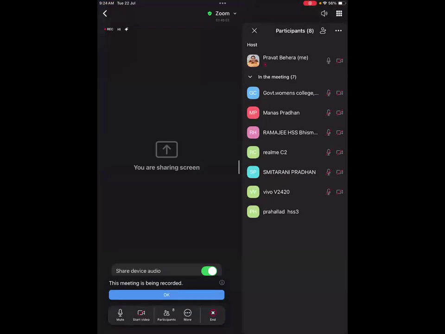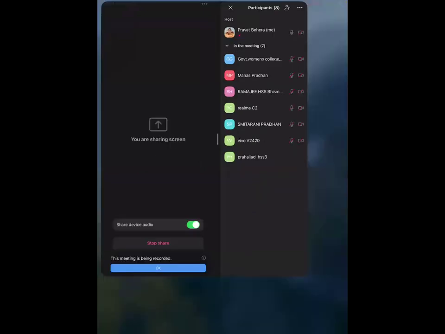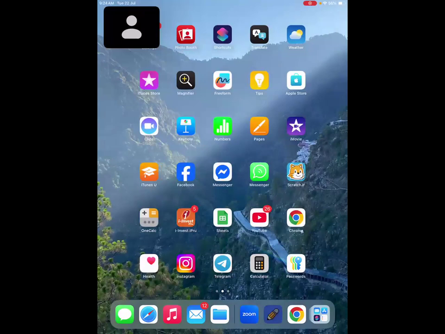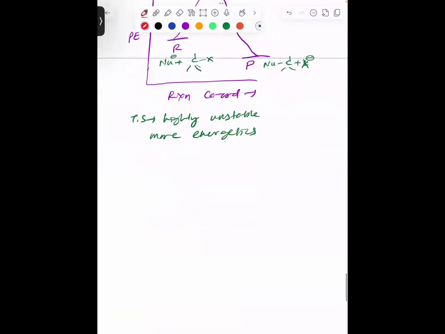Any doubt? No. Okay. Now we are going to discuss the next one, that is factors affecting SN2. Factors affecting SN2.